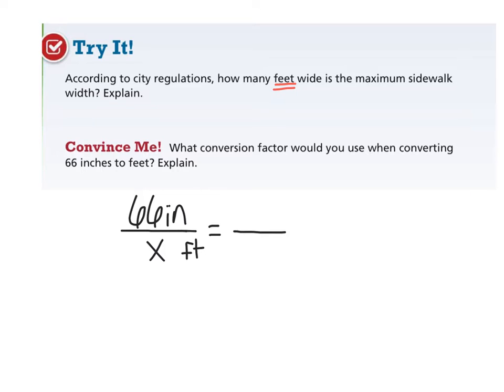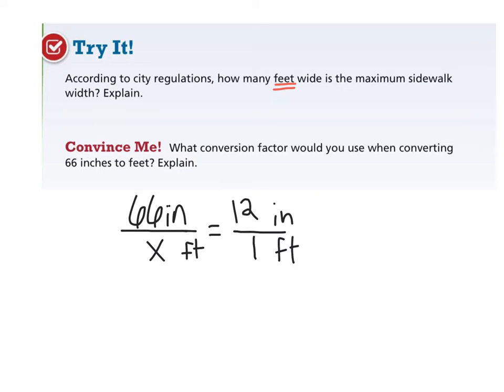So we would want inches to be on the numerator and feet to be in the denominator. Okay, and what's one of our conversions between inches and feet? 1 foot is equal to 12 inches. Good.